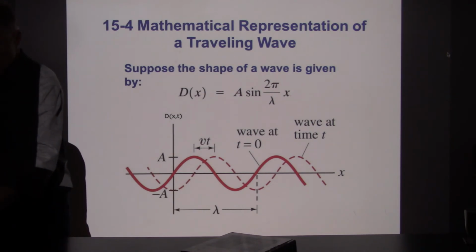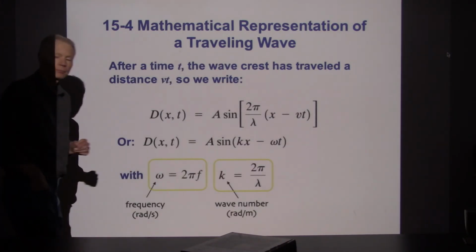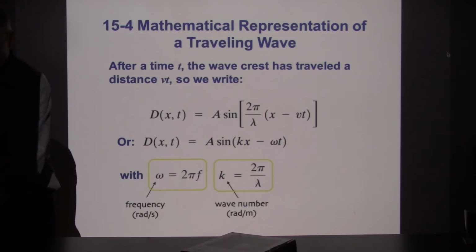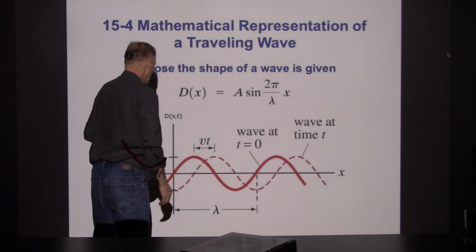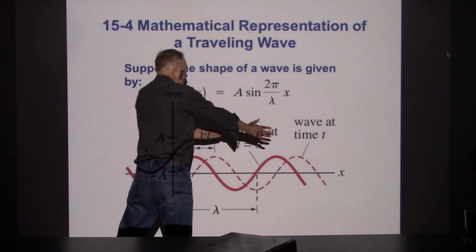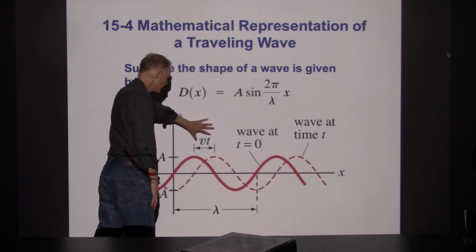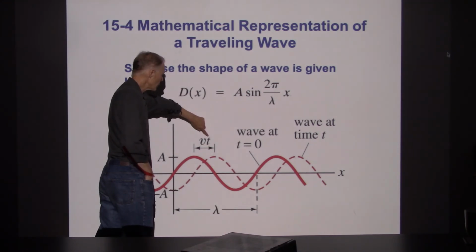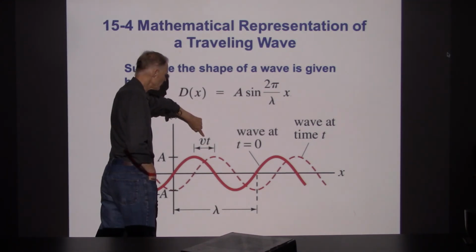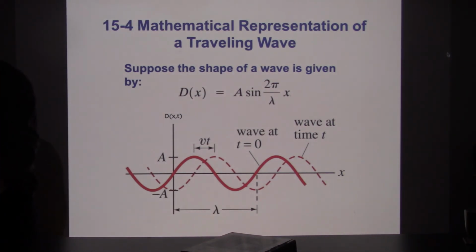Now, if you remember from your math classes, the way to get a function to shift to the right, so there's a function with a profile, it's a sine function, I want that function to shift to the right, and I want it to do so at a certain velocity. To shift it to the right for a certain amount of time, what I want to do is subtract vt. So again, think back to your math classes.